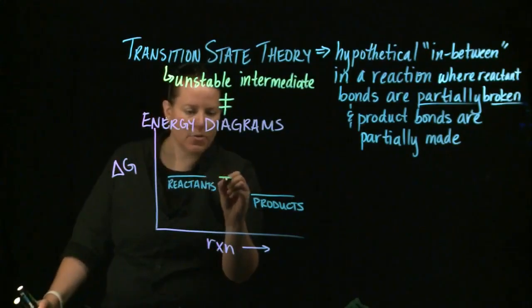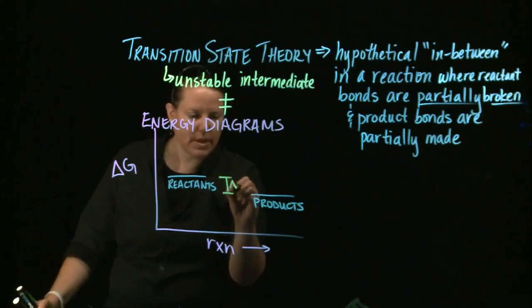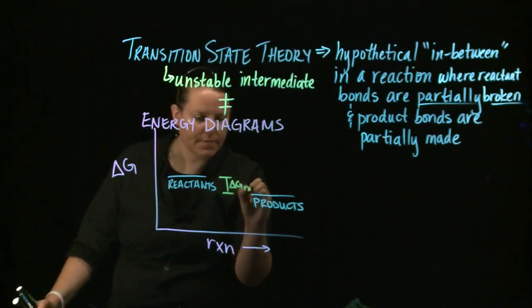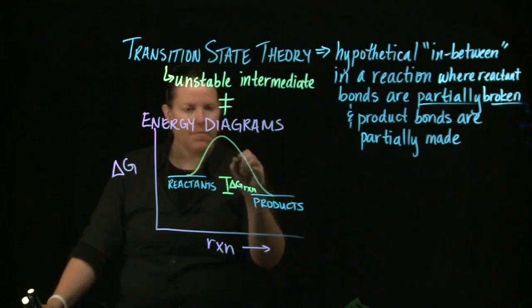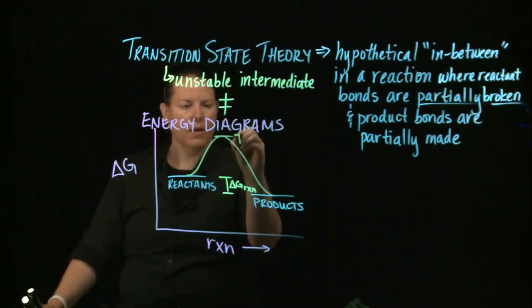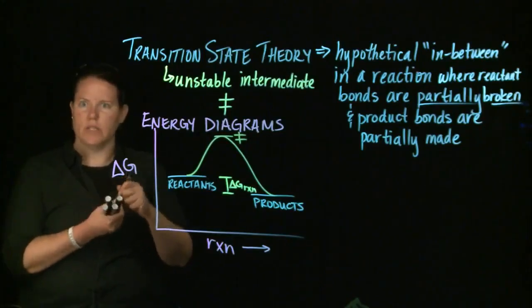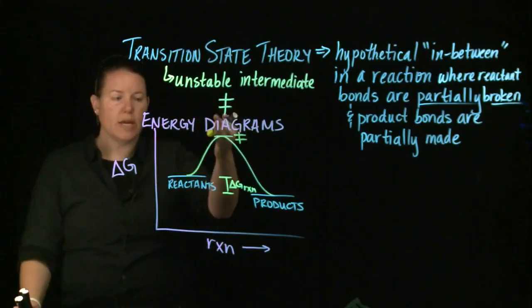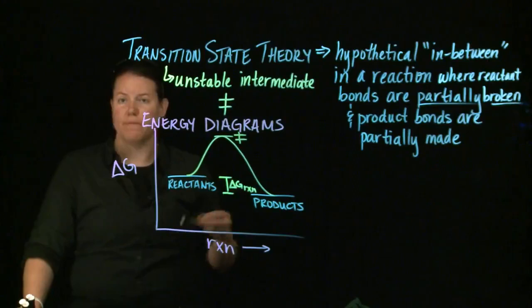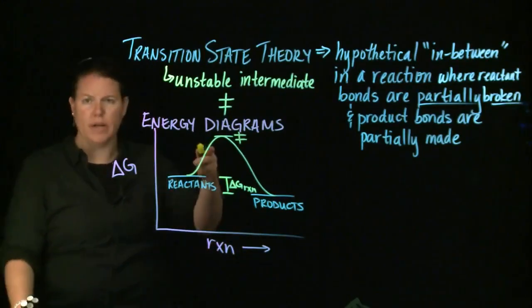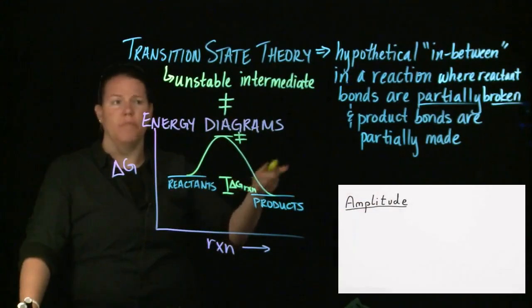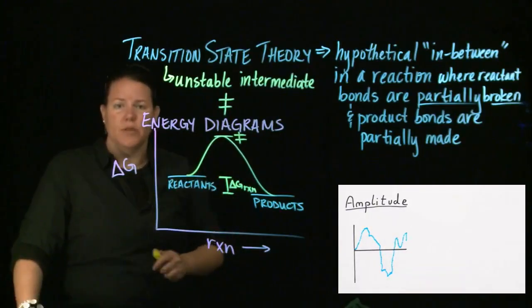The energy between the reactants and products is actually the delta G of the reaction. It actually goes through a transition state, and that transition state is the highest point of the graph. Whatever you're looking at, this diagram has to have a high point. The high point is that transition state.